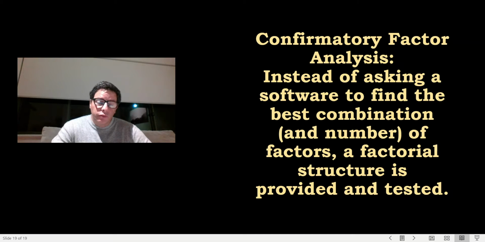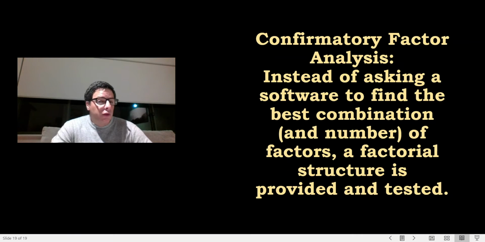So instead of providing the data and passively observing what the structure is, what the components are, and how each item loads to each component, instead of letting the software do that, we as researchers have a theory about that.